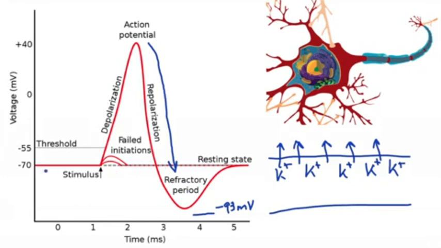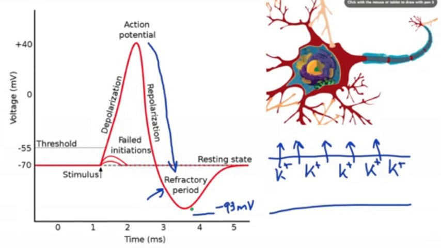Considering that the resting membrane potential is around negative 70, the membrane potential goes significantly lower than that negative 70, and this phase we call hyperpolarization. All along this process, we have the sodium-potassium pumps that are pumping sodium out of the cell, 3 sodium ions out, and 2 potassium ions back in.